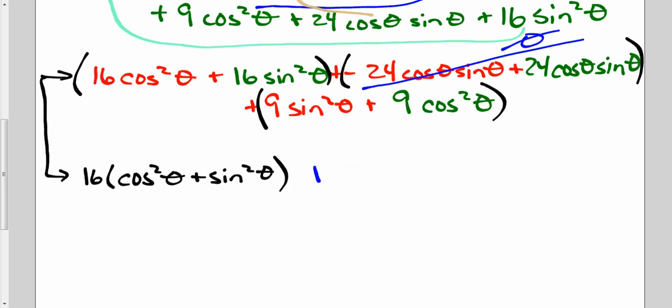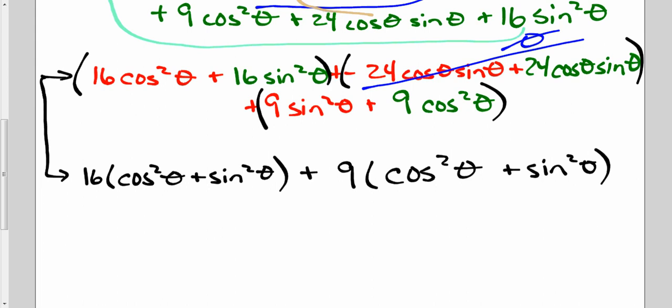Plus 9 times cosine squared theta plus sine squared theta. This is a fancy way of writing what number?